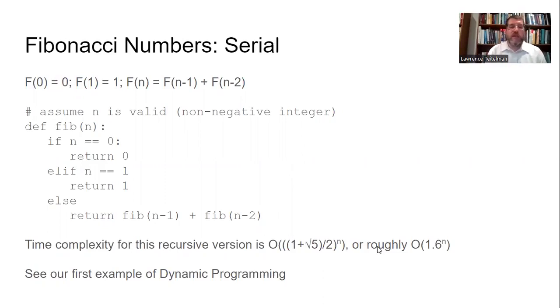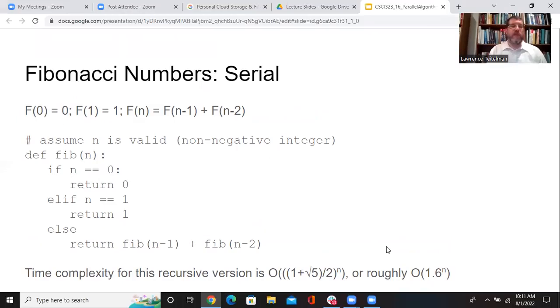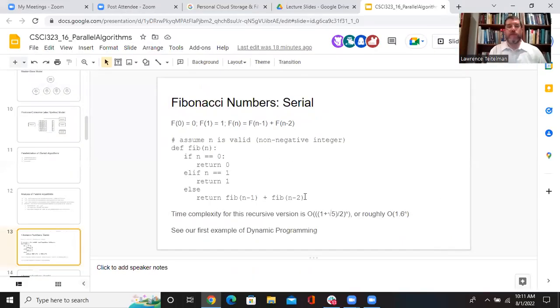If you were in intro to programming and you learned about recursion, they said, let's do the Fibonacci numbers. This is probably the way you would code it in Python. In Java, you make slight syntactic changes. I got a little typo here, so let me fix it.